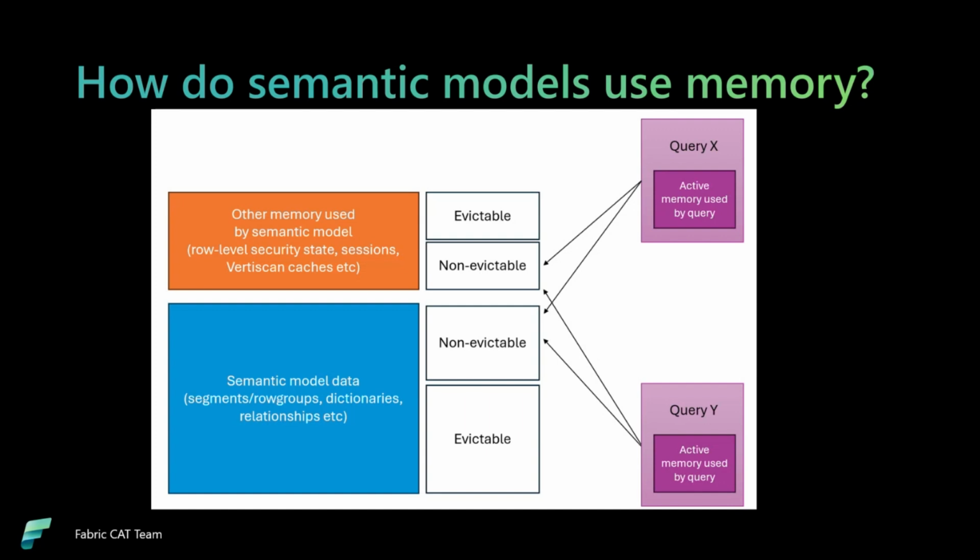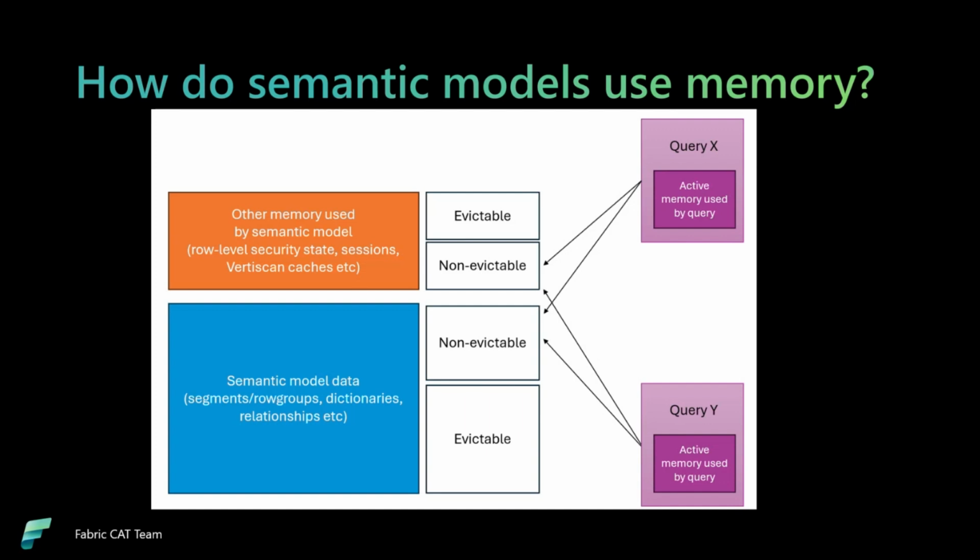Now, within these two groups, stuff that is in memory can be evictable and non-evictable. Evictable means we can push it out of memory if we need to. Non-evictable means that we can't push it out of memory. Why is it likely to be non-evictable?